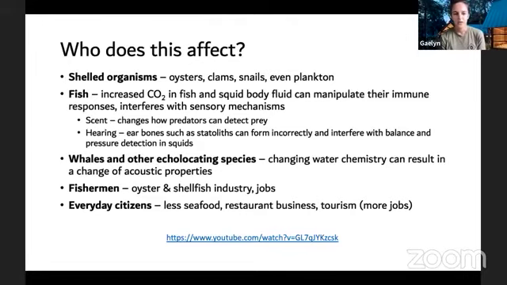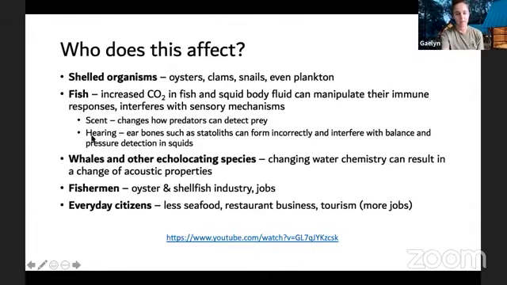It also interferes with their sensory mechanisms. How does it do that? Well, it changes how they can detect prey based on scent. If you're changing the chemical dynamics of the water, that's going to change how things work through the water.